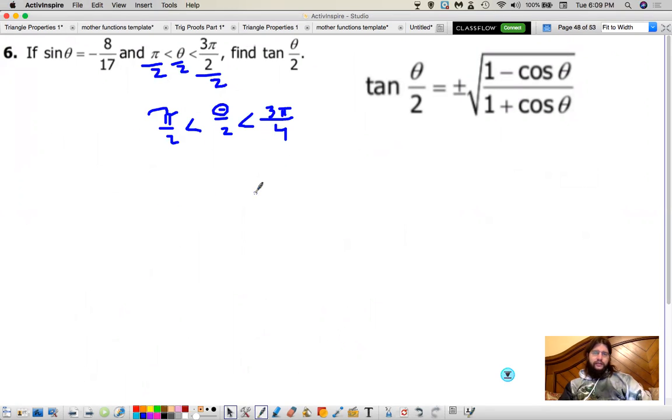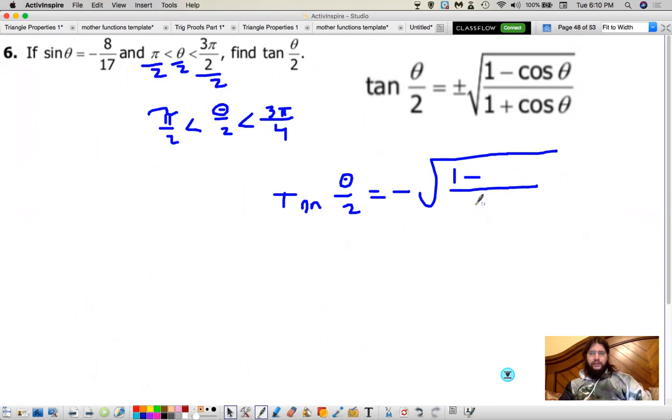So it's going to be tangent of theta over 2 equals negative square root of 1 minus, and let's figure out what cosine of theta is. Here's my triangle.